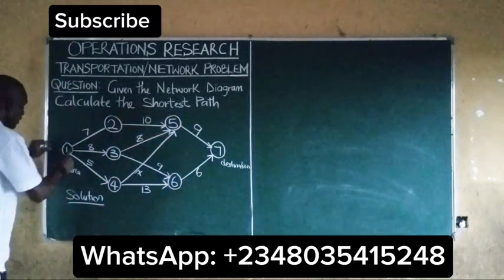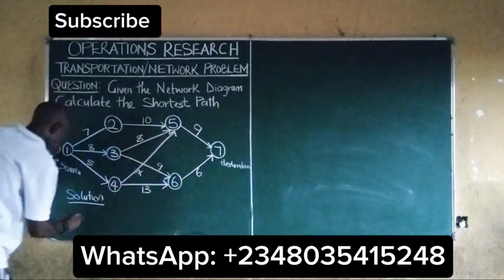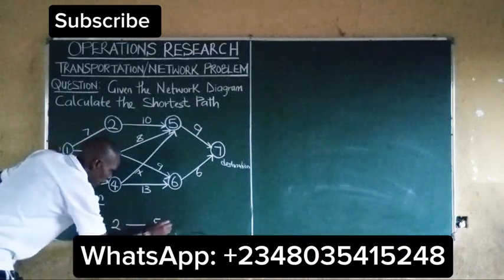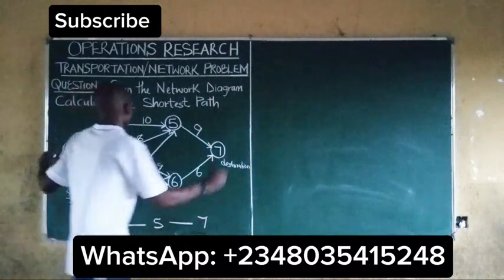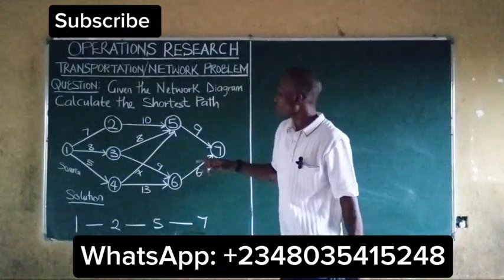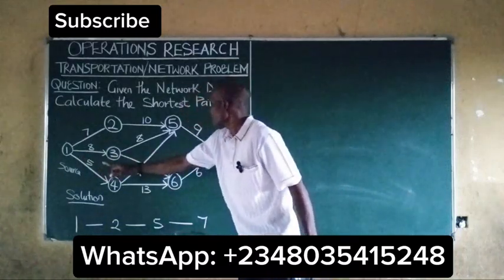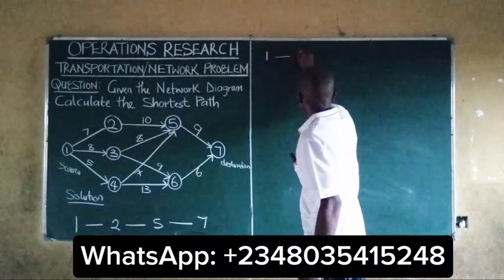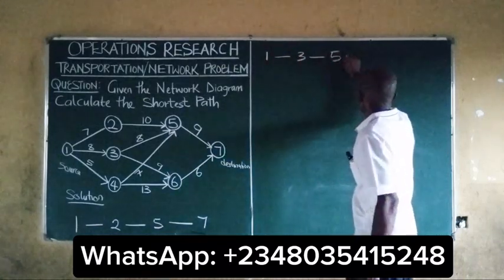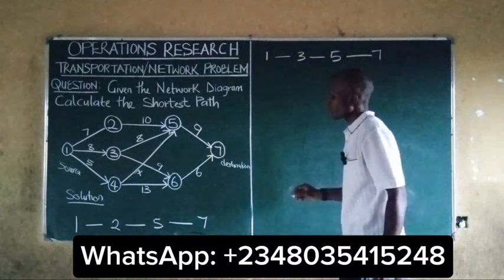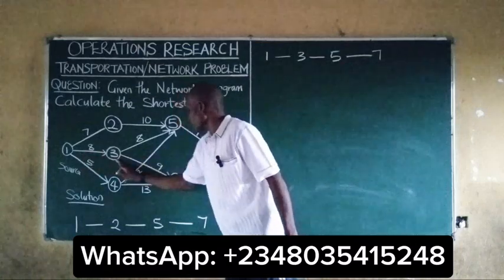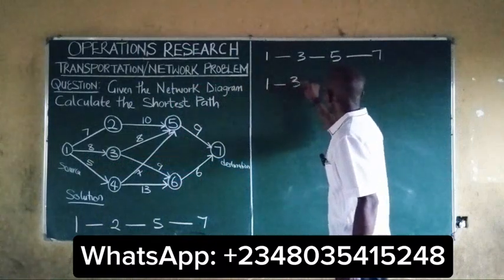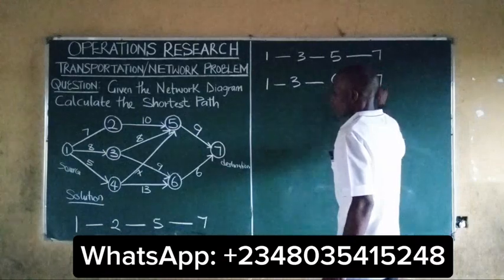The first route to take is 1257. The second route to take is 1357. Another route, 1367.